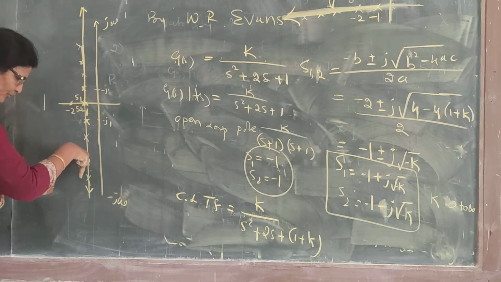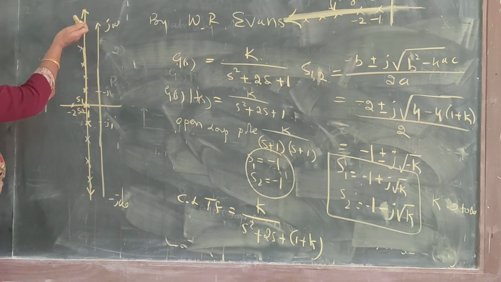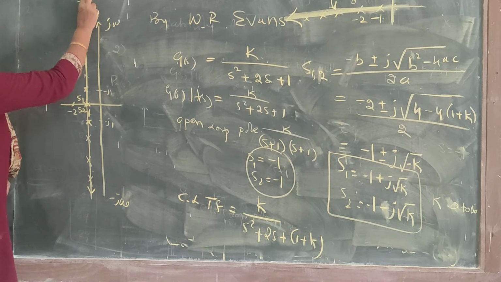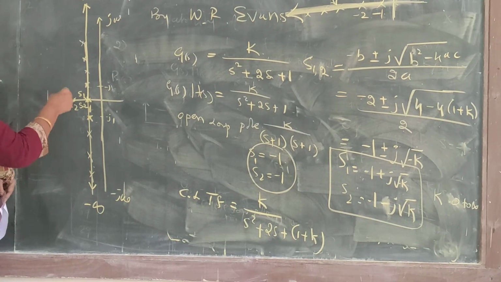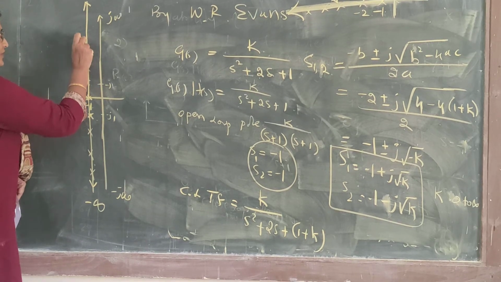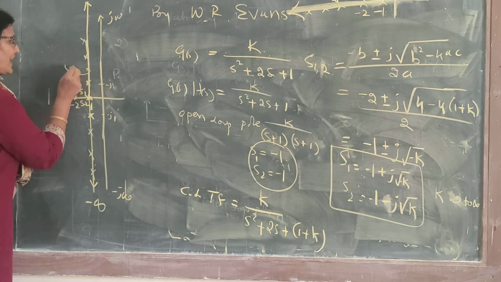That is, it is moving downward towards negative infinity, while the other is moving upward towards positive infinity. After joining all these values of root with respect to the value of k, we will get a path.